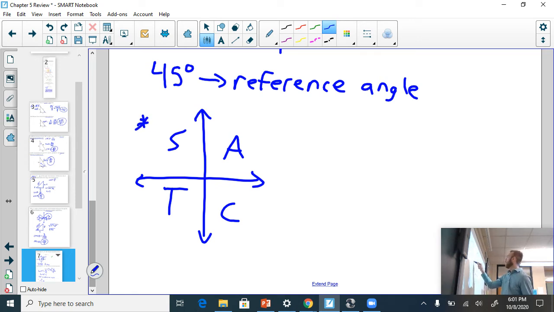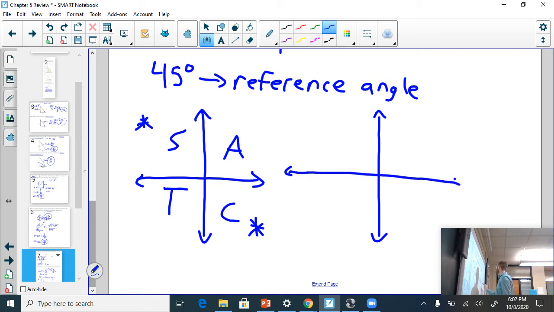And that'll be right in the second and fourth quadrant. So I know my reference angle is 45 degrees. So in both, that's going to look like that. And both of those reference angles are going to be 45 degrees, right? They're closest to the x-axis.